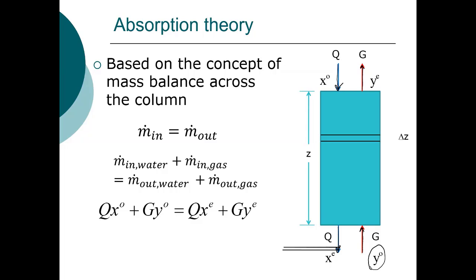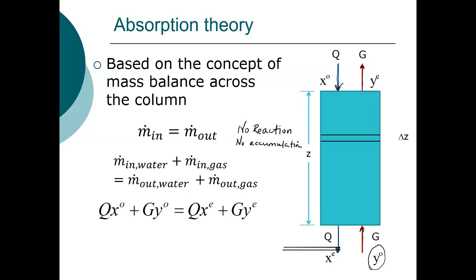We're assuming we have no reaction within this removal device. Mass rate in equals the mass rate out. We will also assume that we have no accumulation. So we have no accumulation of that chemical in the reactor. So the mass within the reactor doesn't change.